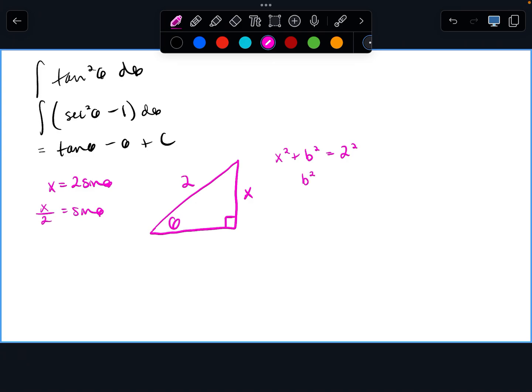So I get b squared equals 4 minus x squared. Oh my gosh, full circle, right? 4 minus x squared, remember? So b is the square root of 4 minus x squared. It's wild.